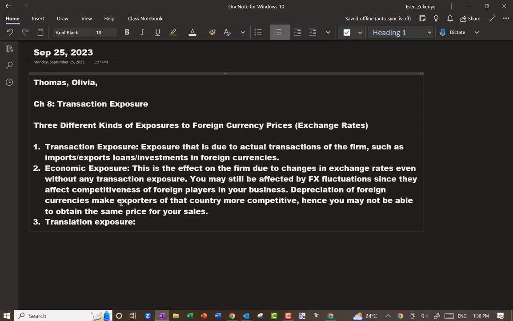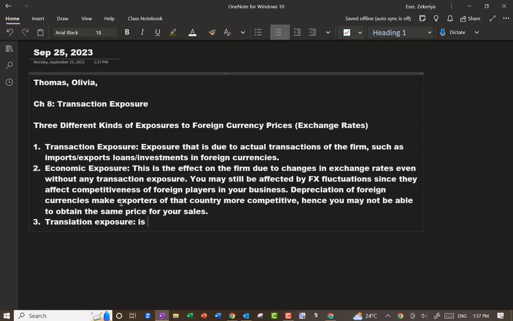Economic exposure is also a real risk because of the changes in exchange rates. Your competitive environment changes, so that creates an impact on your bottom line. Even though measurement of economic exposure is not as easy as measurement of transaction exposure, at least we have some means to deal with it.